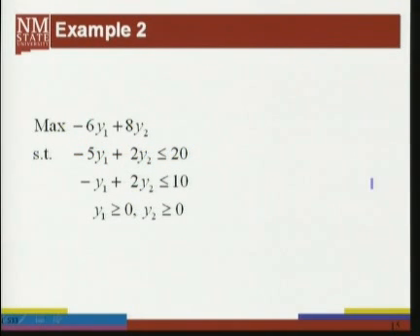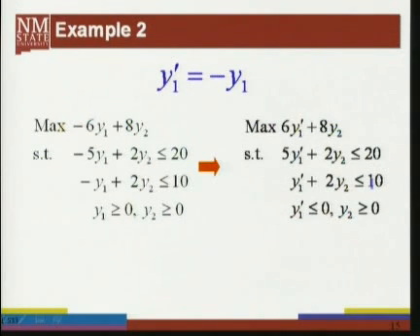Now, it's interesting to make a change of variable. Let's set y1 prime equals -y1. Okay? Then it's the same as the dual of the symmetric primal dual pair, except for non-positivity replacing the non-negativity restriction. Is that right? So you remember in the symmetric primal dual pair, the maximization problem has less than or equal constraints and non-negative variables.